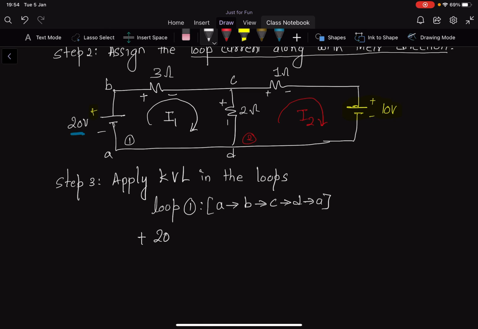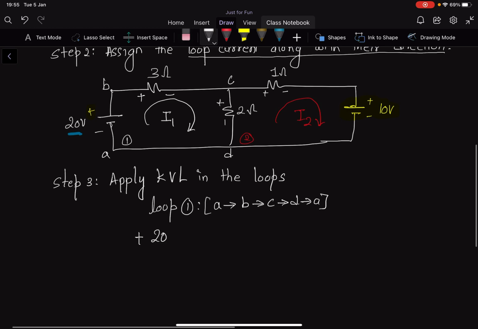Then I'm going from B to C, and when I go from B to C, I see the voltage of 3 ohm there, because remember it's KVL, so I'm adding the voltages. And what polarity do I see at the end? I see minus. Okay, 3 ohm.